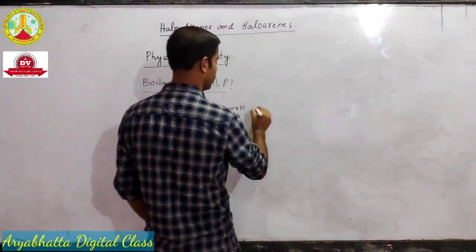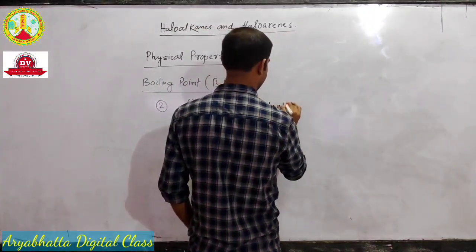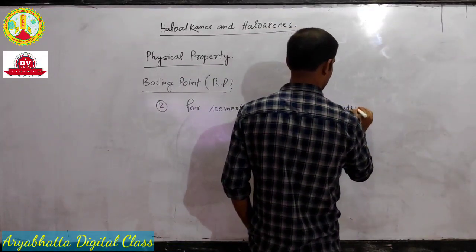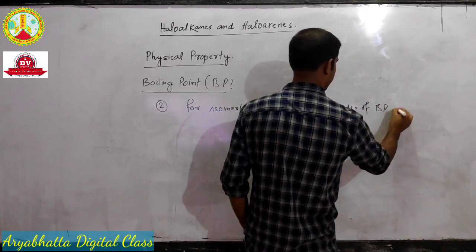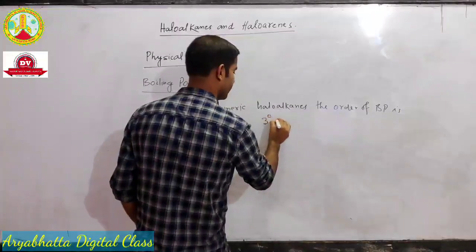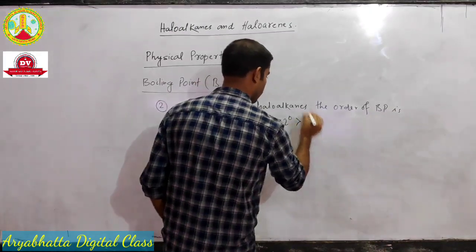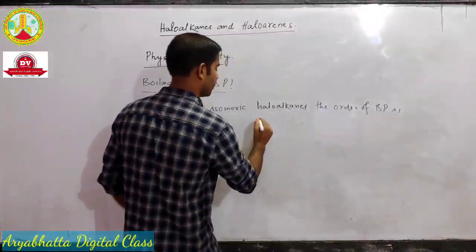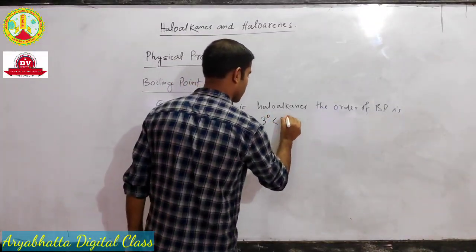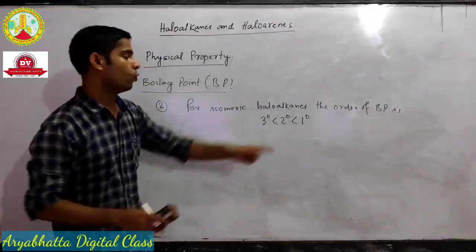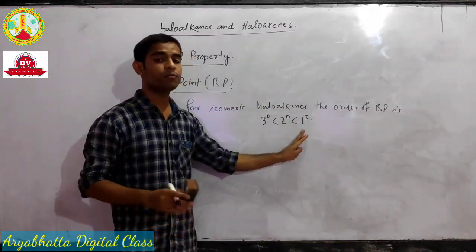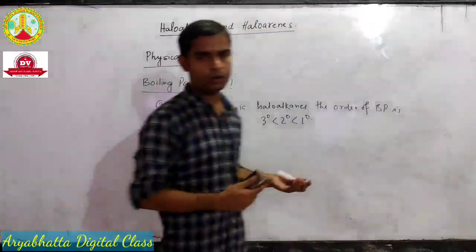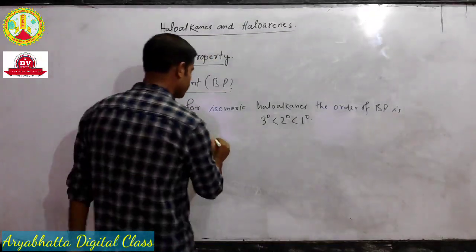For isomeric haloalkanes, the order of boiling point is 3 degree, 2 degree, 1 degree. That means 1 degree haloalkanes will have the highest boiling point and 3 degree haloalkanes will have the lowest boiling points.